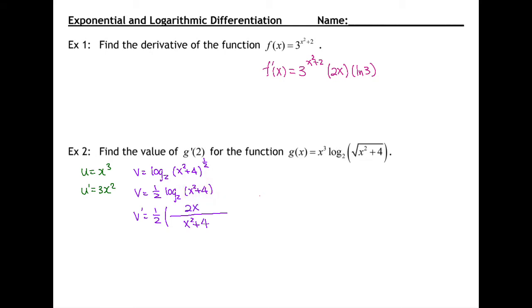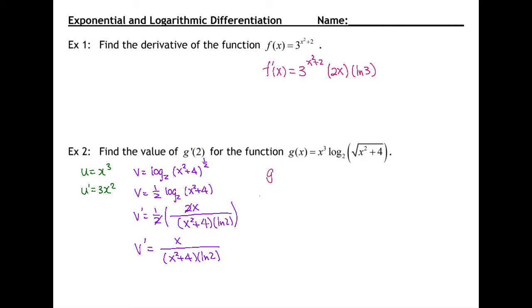But since the base here is not e, it's 2, we have to multiply by ln 2 in the denominator. Next, we're going to simplify it by reducing the 2 from both numerator and denominator. And now we can find our g prime.